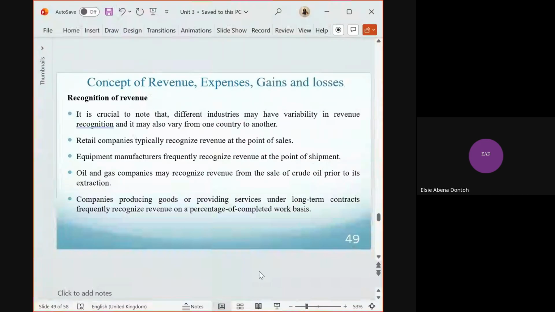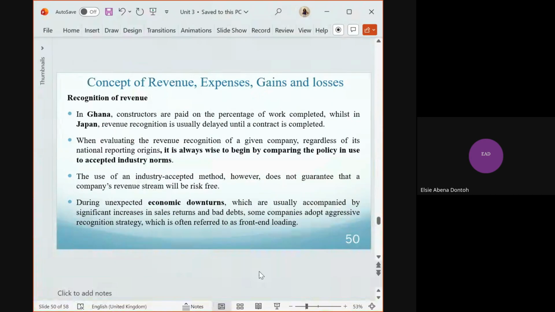It is crucial to note that different industries may have variability in revenue recognition, and it may also vary from one country to another. Retail companies typically recognize revenue at the point of sales. Equipment manufacturers recognize at a point of shipment. Oil and gas companies recognize revenue from the sale of crude oil prior to extraction, and companies producing goods or services under long-term contracts frequently recognize revenue on a percentage of completed work basis.